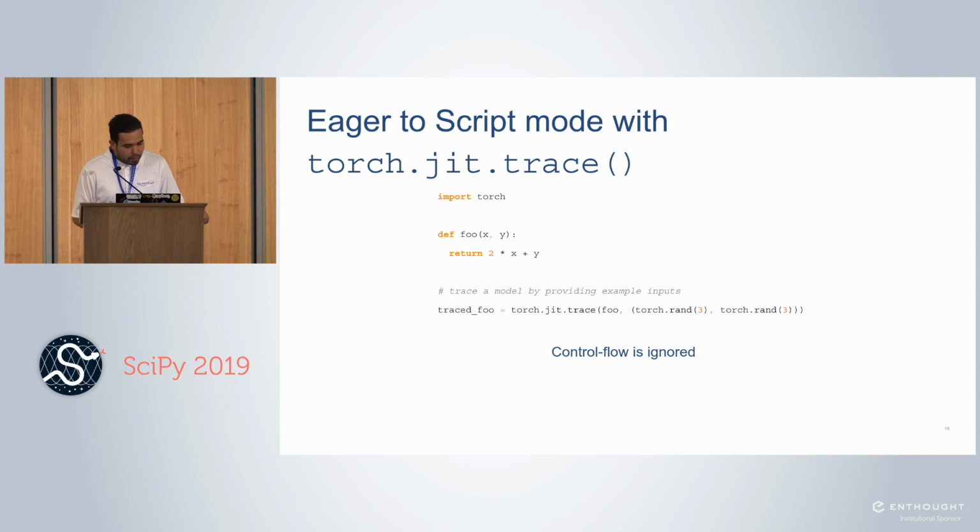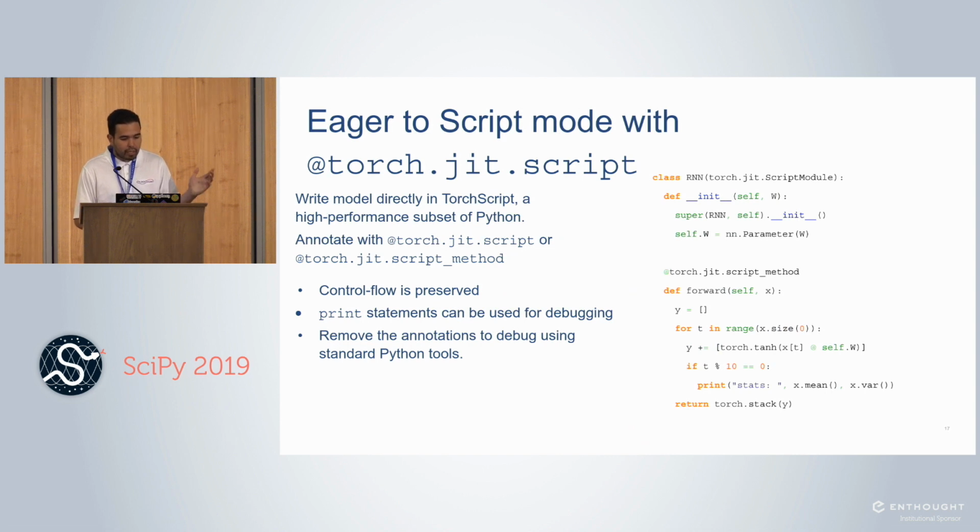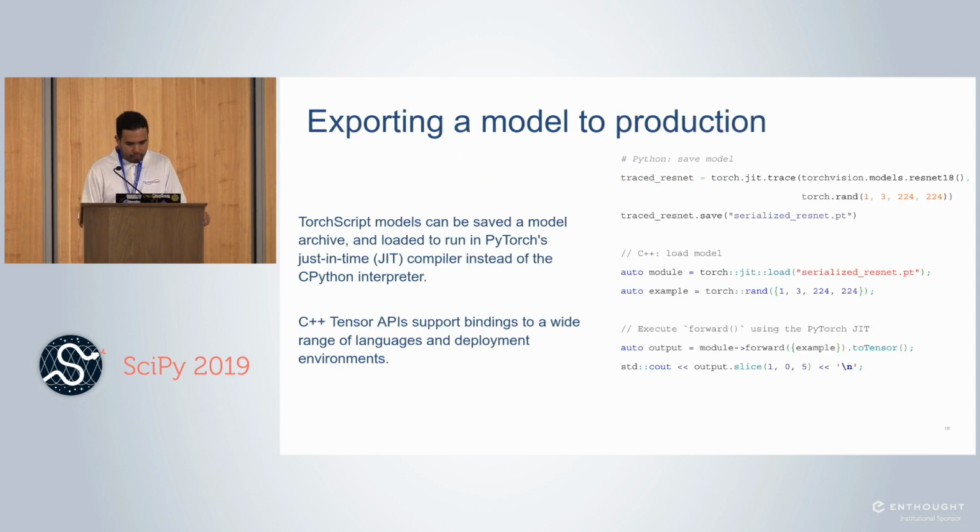Eager to script mode with torch.jit.trace. Eager to script mode with the decorator torch.jit.script. Exporting a model to production. Torch script models can be saved as a model archive and loaded to run in the PyTorch just-in-time compiler instead of the CPython interpreter.